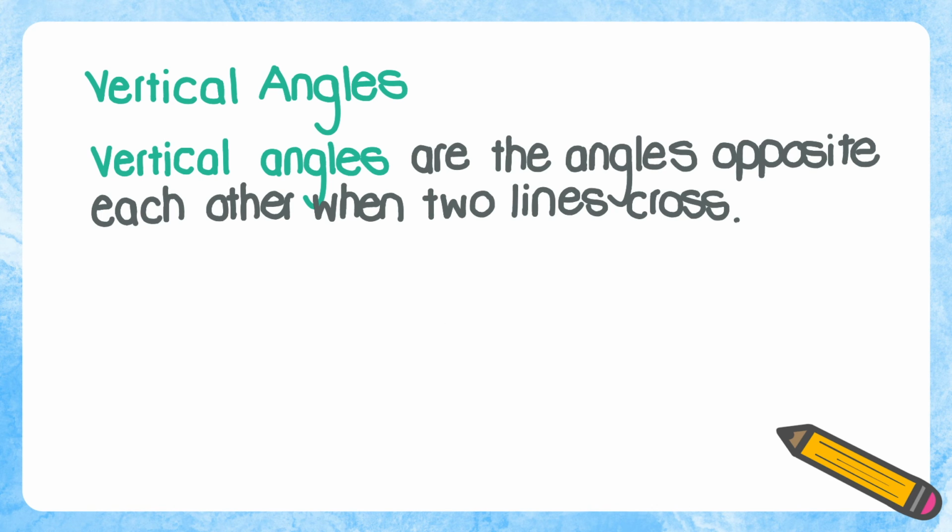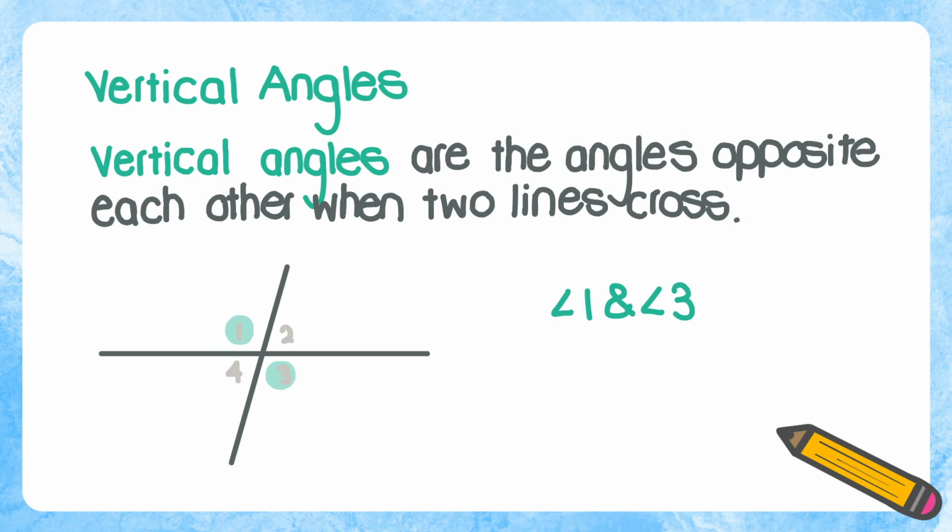So vertical angles are the angles opposite each other when two lines cross. So what do they look like? Here we have two lines that cross and thus creating four angles. Angles 1 and 3 are vertical angles because they are opposite of each other.